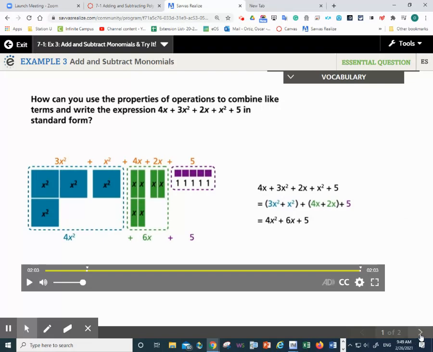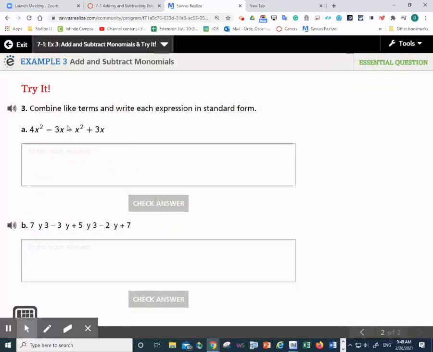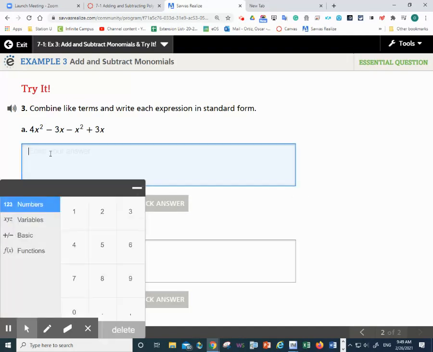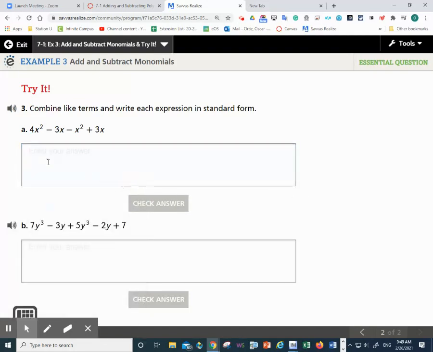All right, so with that in mind, please see if you can combine like terms in the following 2 exercises. As always, pause the video, and after a while, please check your answer.